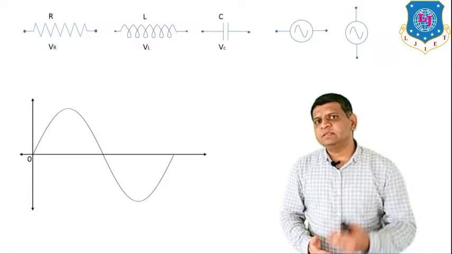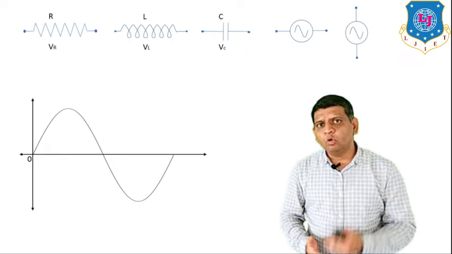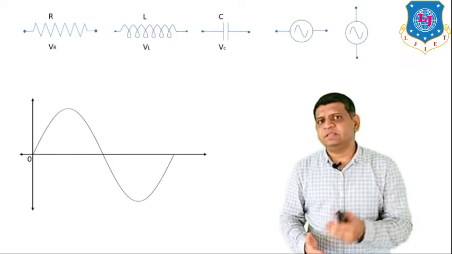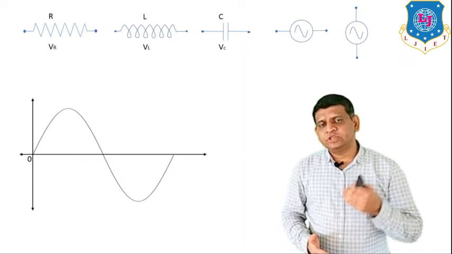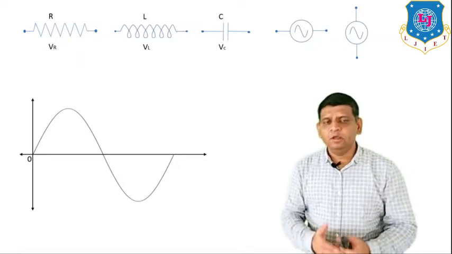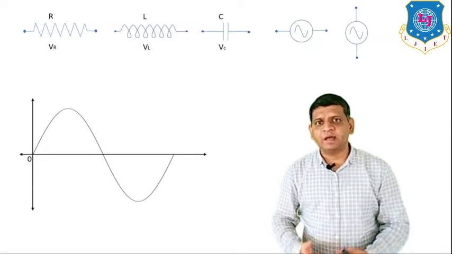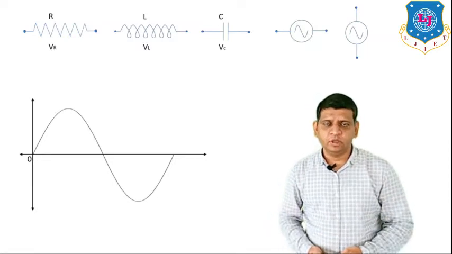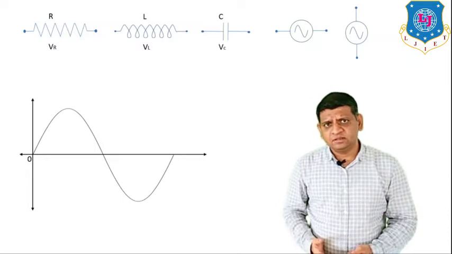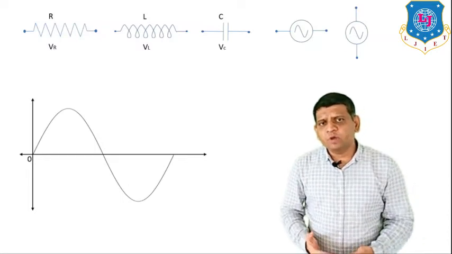Once you apply the AC signal to resistance, you check only the behavior of resistance. Then you check the behavior of only the inductor, then only the capacitor. Then you do it in combination, like RL, RC and RLC, this way.